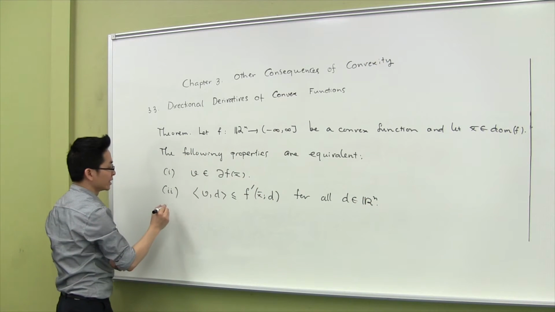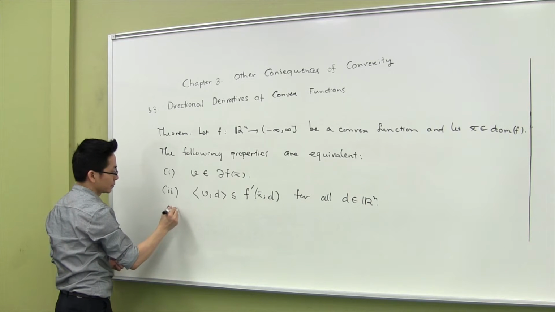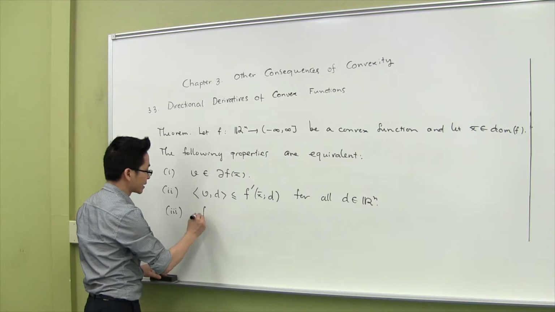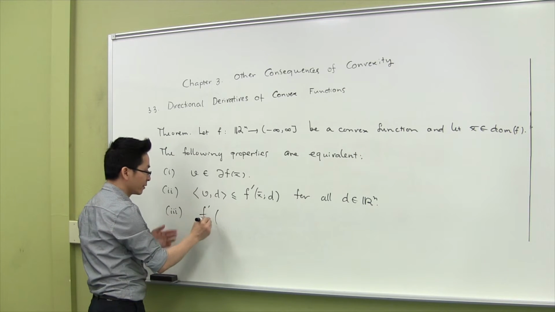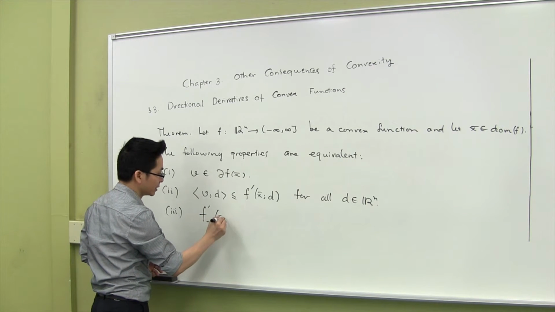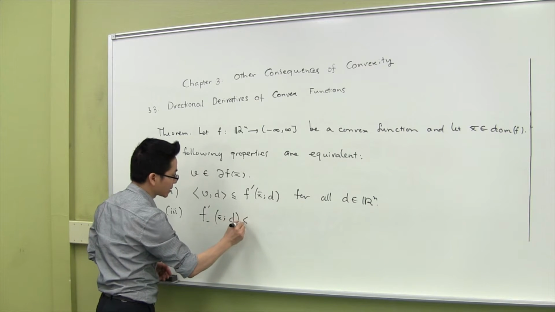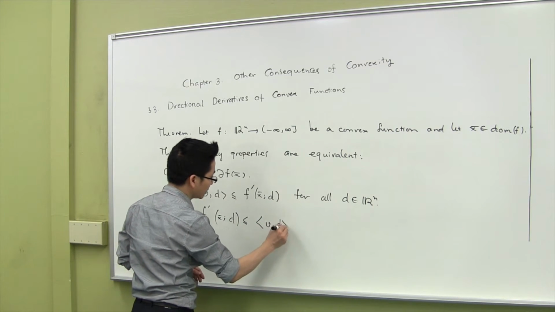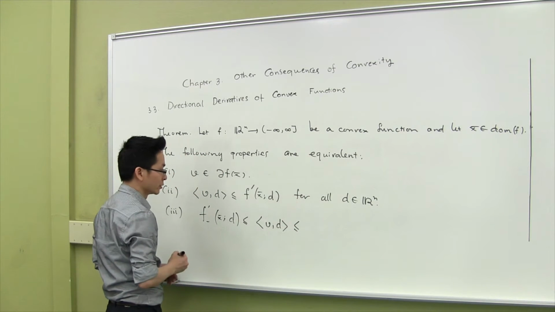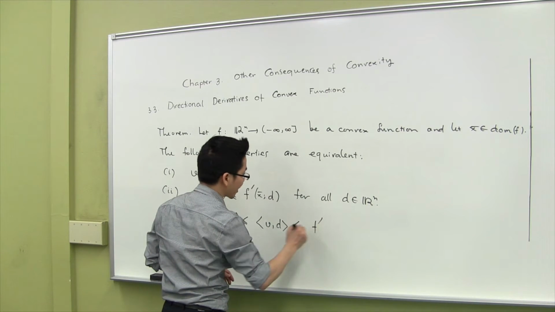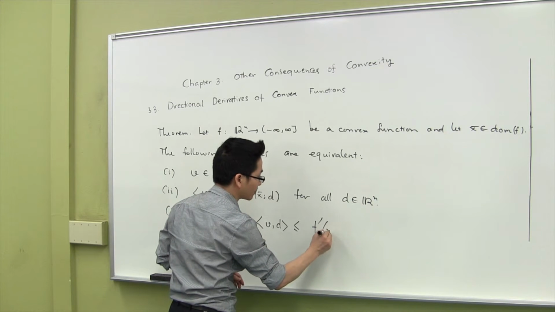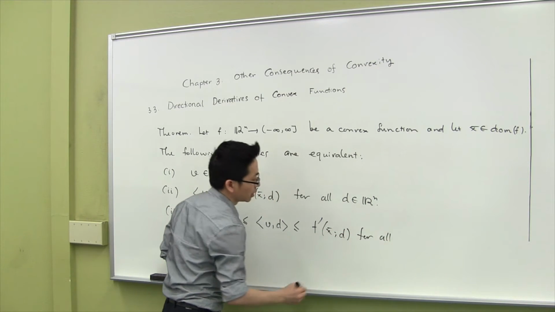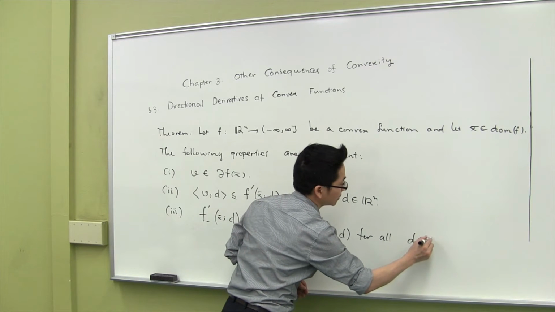And the third property is the left directional derivative of f at x bar in the direction d is less than or equal to the inner product of v and d, and is less than or equal to the directional derivative of f at x bar in the direction d for all d in R^n.